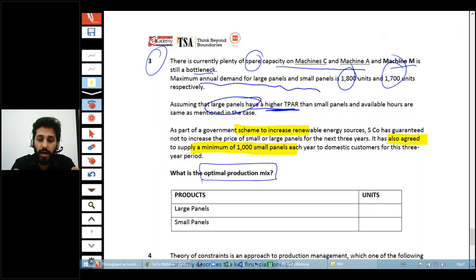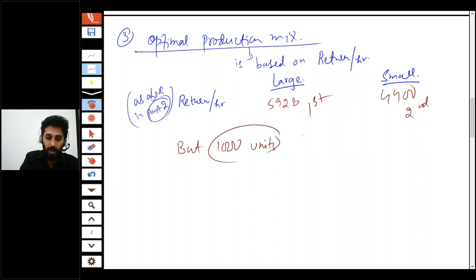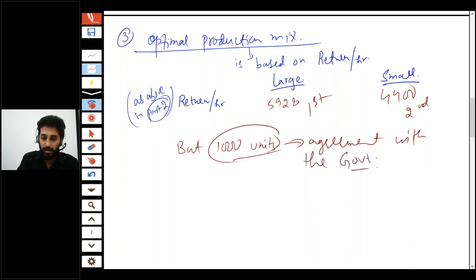So there are 1,000 units to be supplied under the government scheme. It was agreed. So first we will be producing, regardless of the profitability ranking, 1,000 units as an agreement with the government.